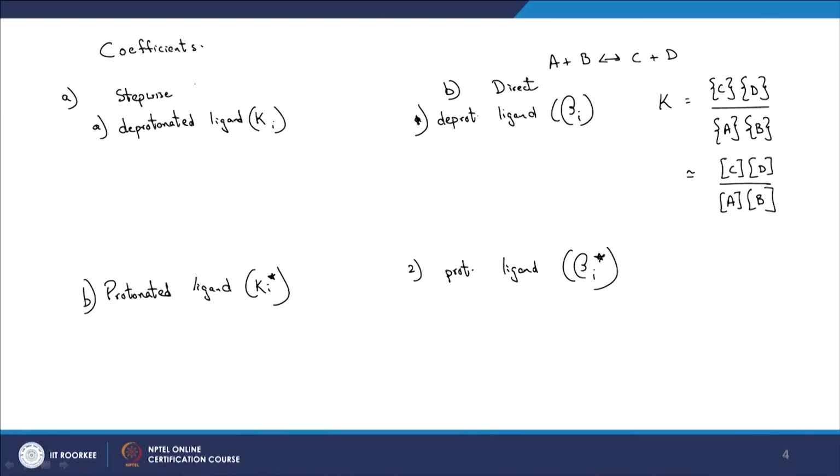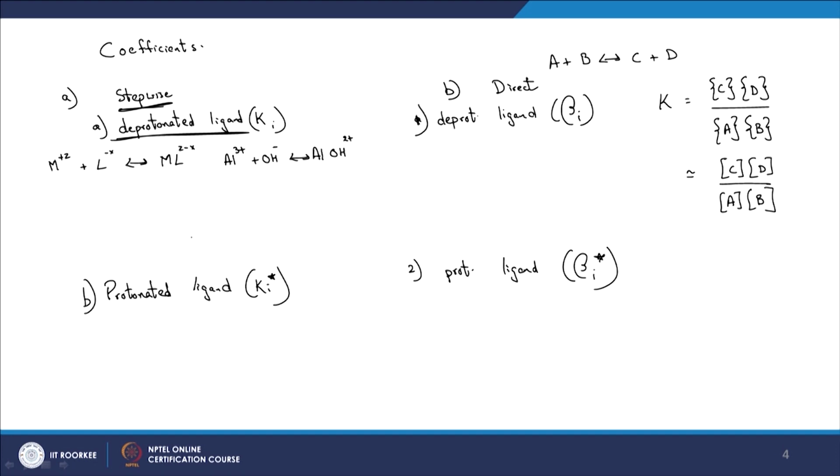So the first aspect we are going to look at is stepwise and deprotonated ligand. Stepwise is self-explanatory. Let us say the charge of the metal M is Z and L is minus X, and that can form a complex ML with charge Z minus X. An example is Al3+ as my metal, reacting with the deprotonated ligand OH minus to form AlOH with a 2+ charge.